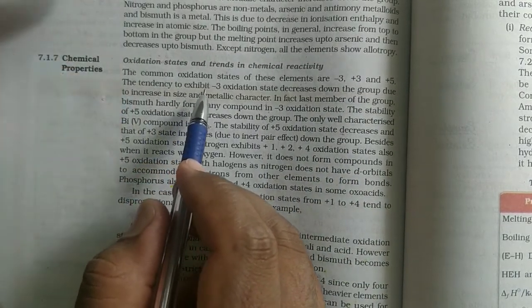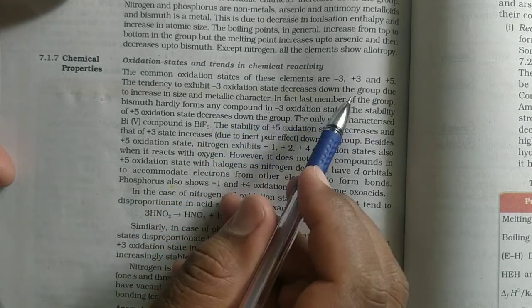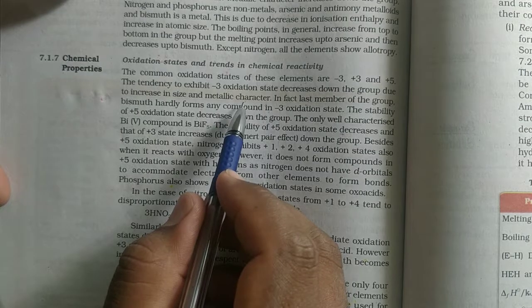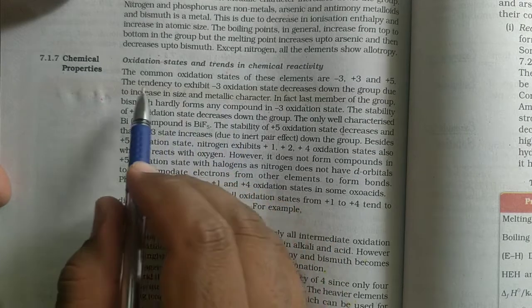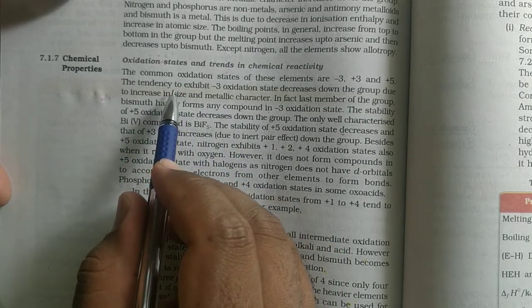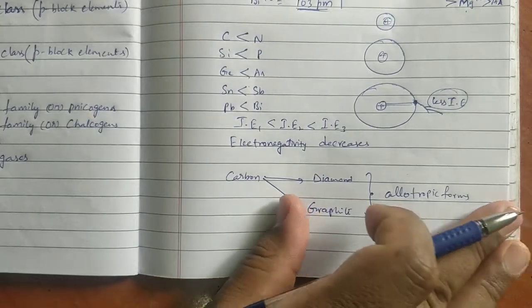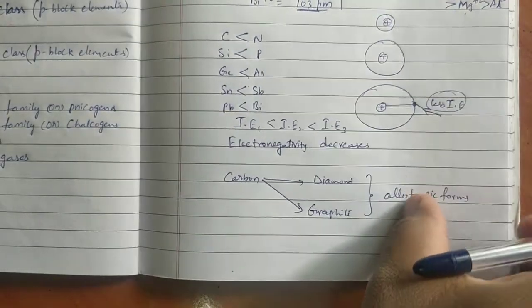The tendency to exhibit -3 oxidation state decreases down the group due to increase in size and metallic character. Observe the tendency to exhibit -3 oxidation state. To exhibit the -3 oxidation state, they have to gain electrons.